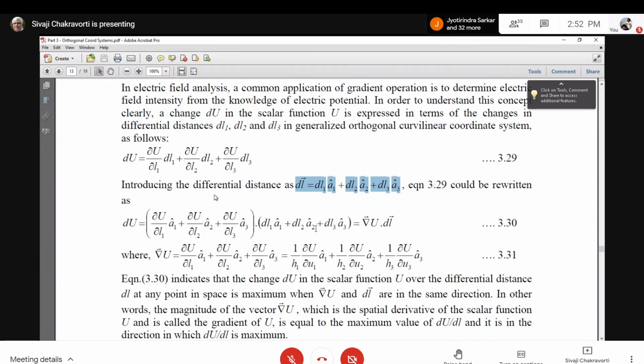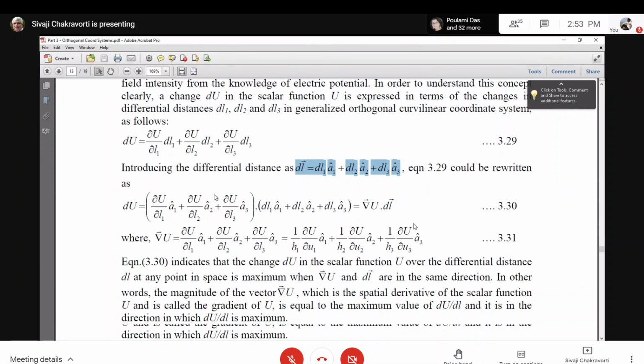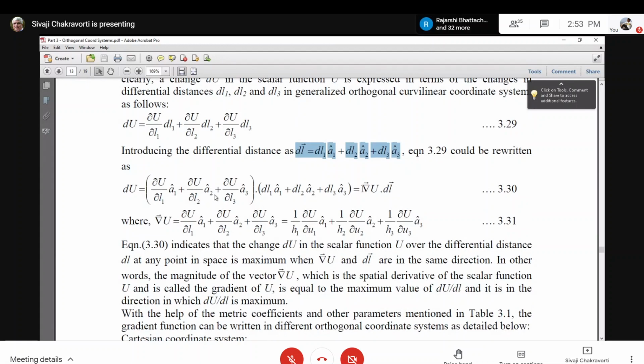So du becomes this. Then du becomes del of u dot dl, the first vector. Or you can also say that del of u is the gradient, so it becomes du by dl, the first order derivative in terms of distance.